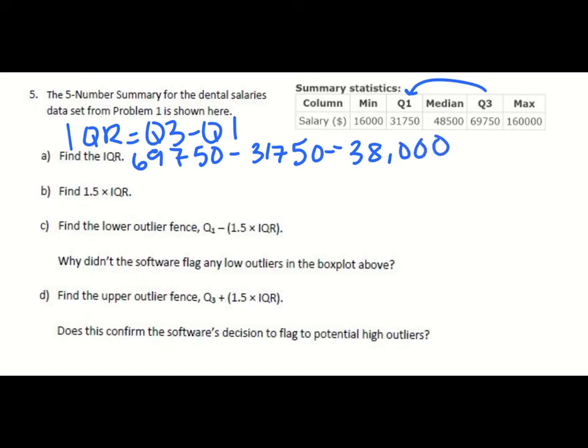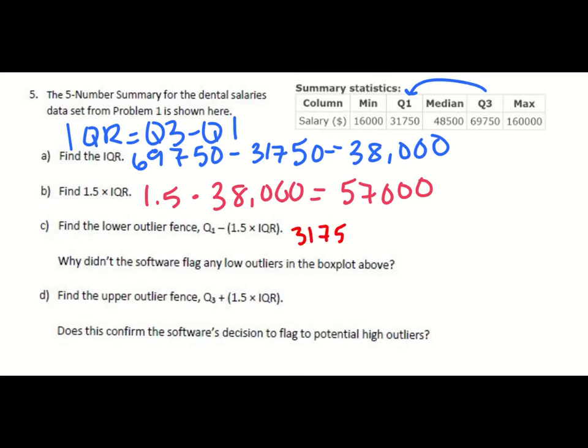So then 1.5 times that amount is going to give me $57,000. So to get my lower fence, I'm going to do quartile 1, which was my $31,750, and I'm going to subtract that number that I just got, $57,000.